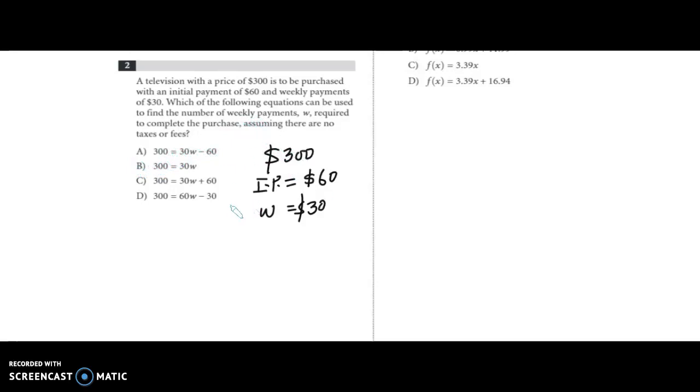Now you know that you are paying $30 weekly. So the number of weekly payments, $30 per week, and how many weeks? So 30 times W will give you the total amount in dollars paid weekly.